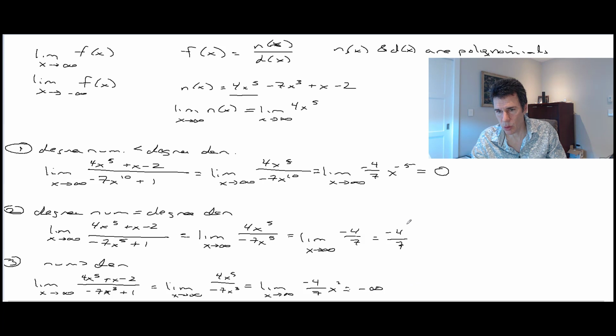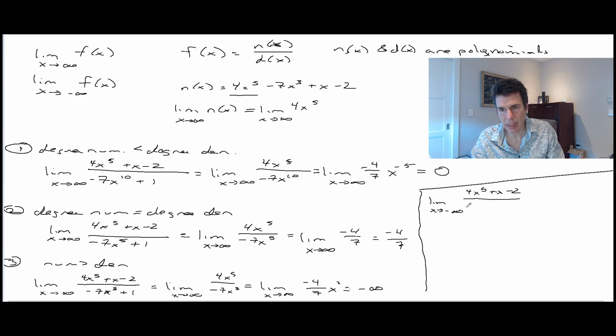So let me do one more example just to demonstrate what I'm talking about here. So the limit as x goes to, let's make it go to negative infinity, of 4x to the fifth plus x minus 2 divided by negative 7x squared plus 1.